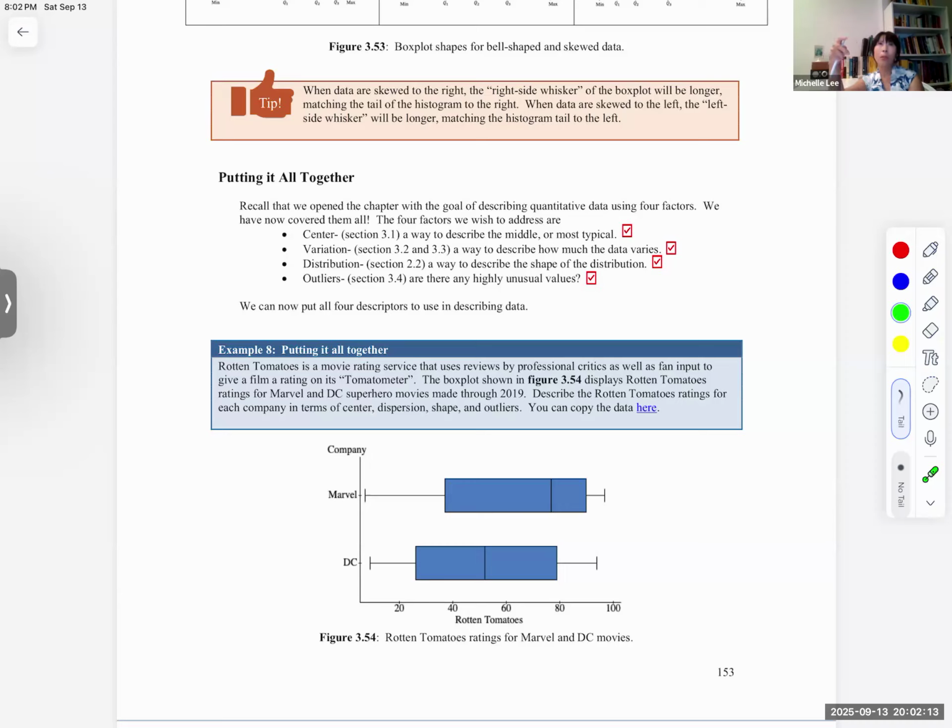One is Marvel and this is DC superhero, right? And we want to talk about the center, dispersion, shape, and outlier. Okay, so let's analyze the box plot. All right, let's take a look.